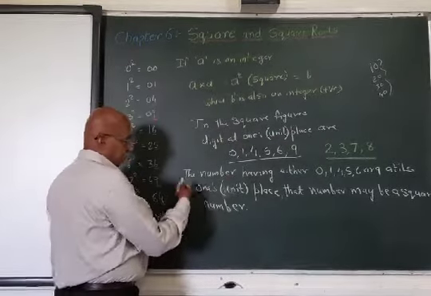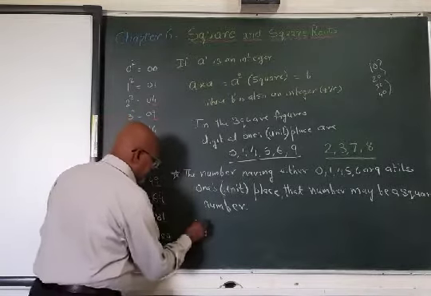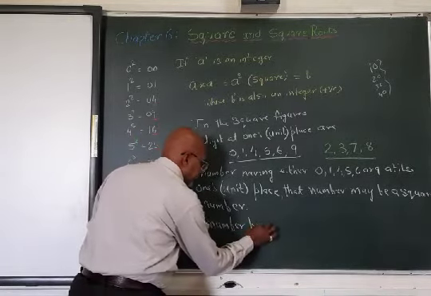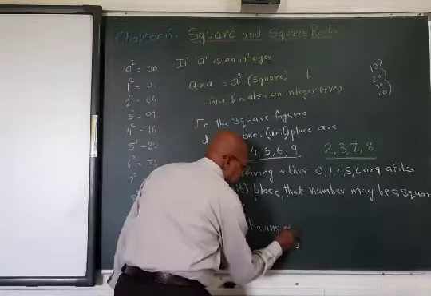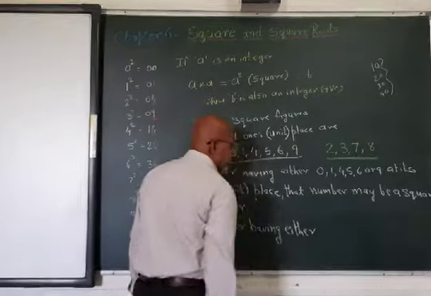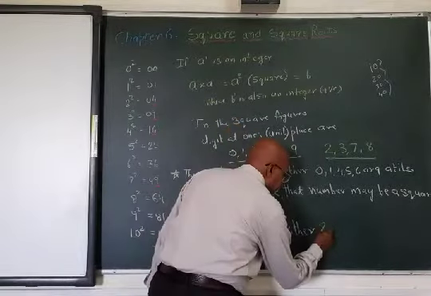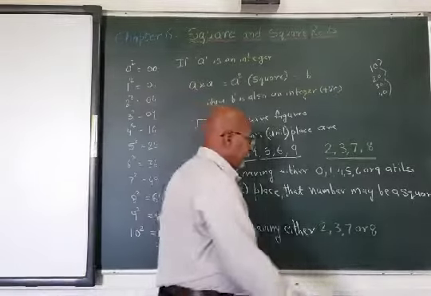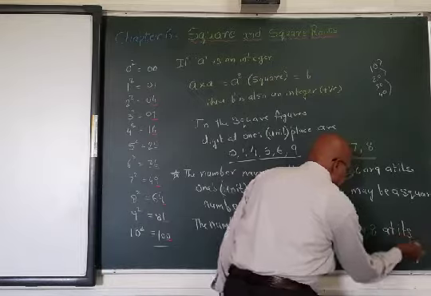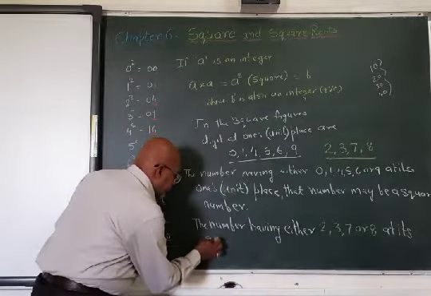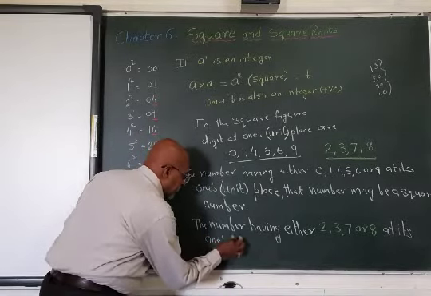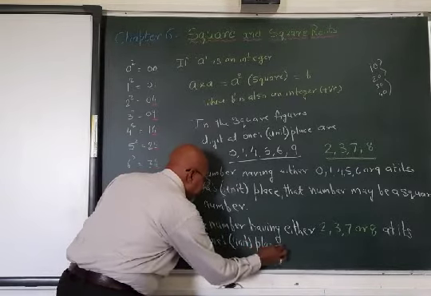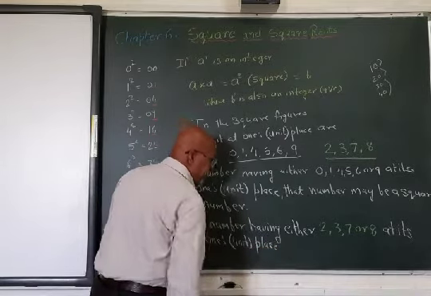Second property we can say, or just the parallel of this, is the number having either 2, 3, 7 or 8 at its ones place.